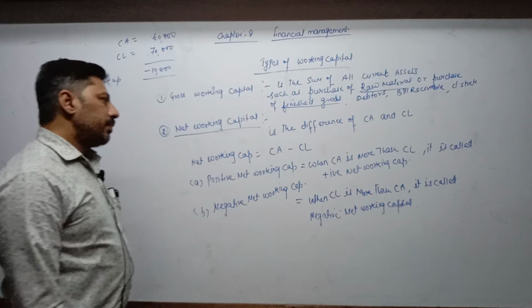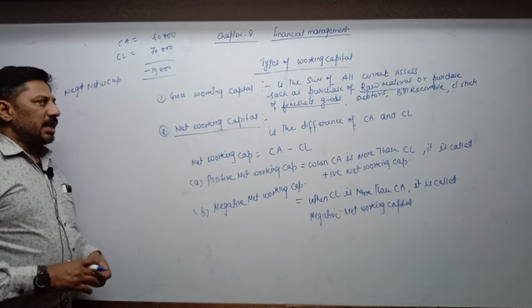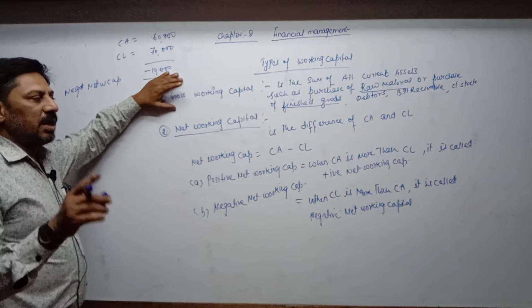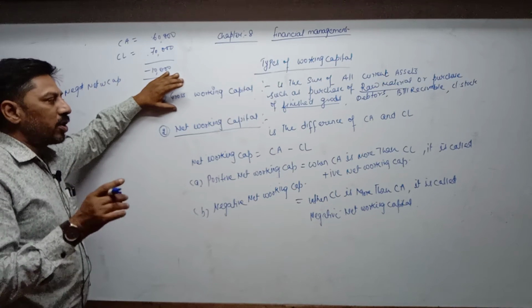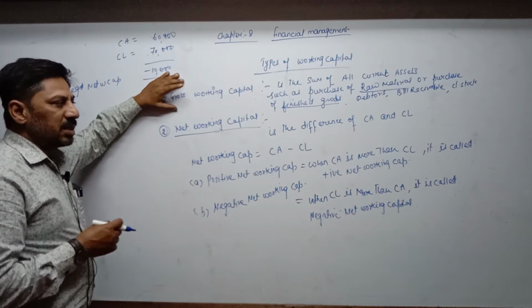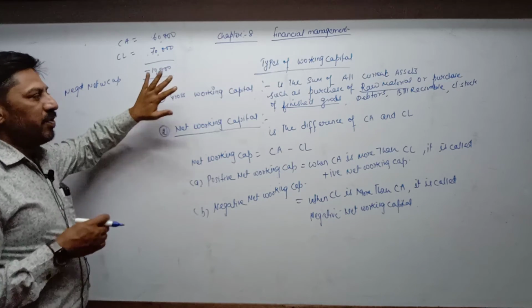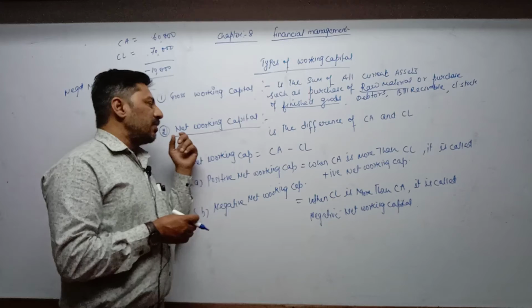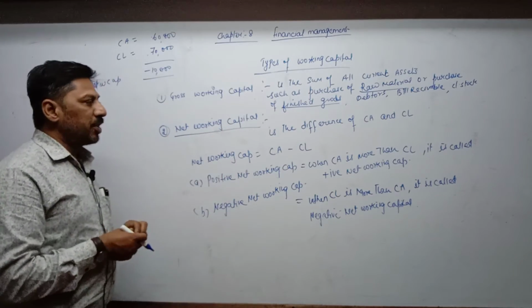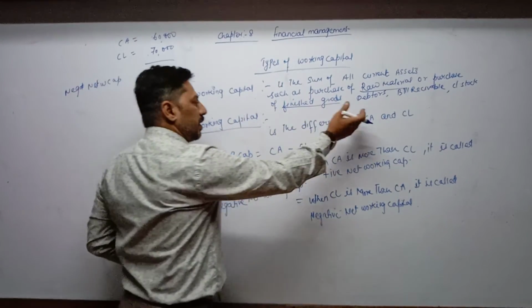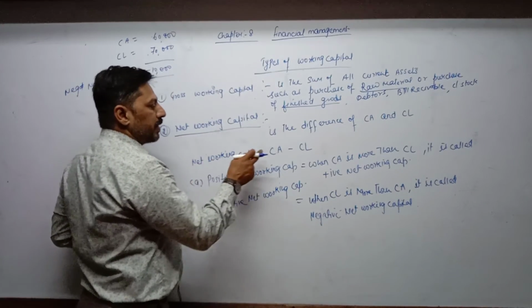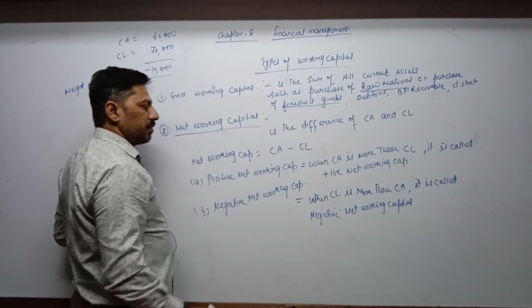So these are the two types of working capital. Gross working capital, here in gross working capital we are taking only and only current assets. We are not taking any difference between current asset and current liability. It is the sum of only all current assets. Whereas net working capital, it is the difference between current asset and current liability. That's why formula is net working capital is equal to current asset minus current liability.